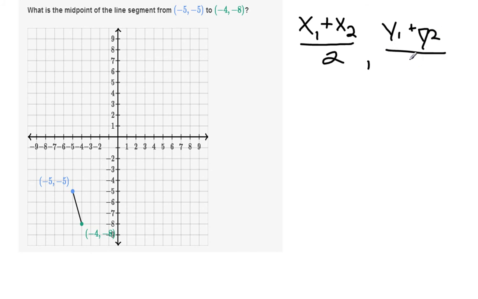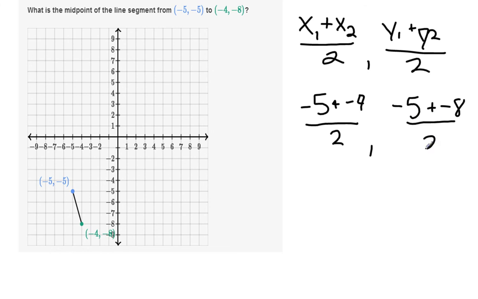Alright, so we look at our x's. So we went from -5. I keep saying change, that's not what I mean to say. You know that. So it's okay. -5 plus -4 divided by 2. And then our y's are -5 plus -8 divided by 2.